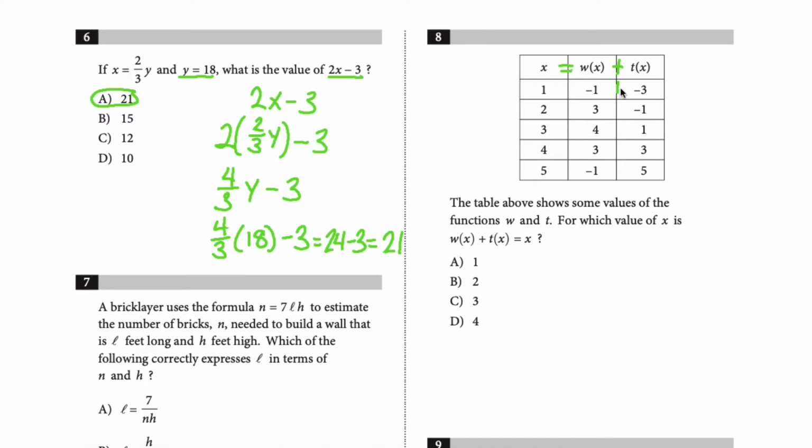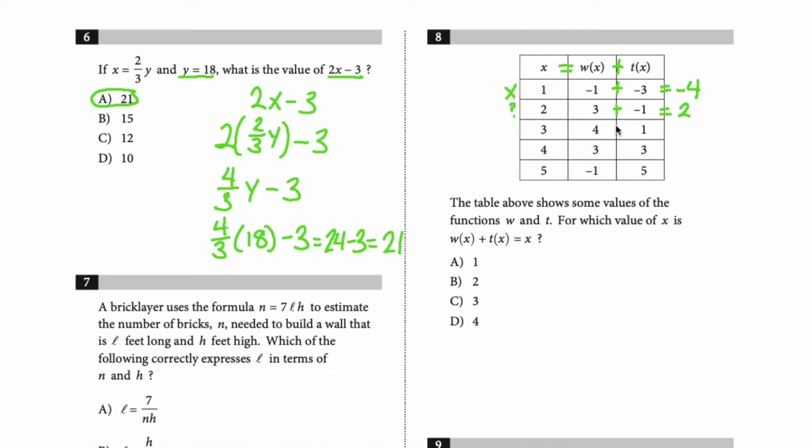For example, when we add -3 to -1, that gives us -4, and -4 is not equal to 1, so 1 is not the answer. For 2, when we add 3 and -1, that's going to give us 2, and as we can see, this is the same, so this could be the answer, but we're going to keep on going.